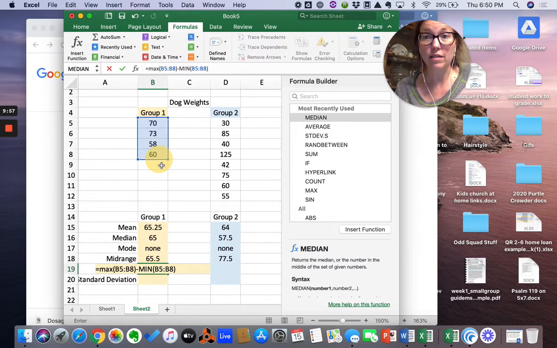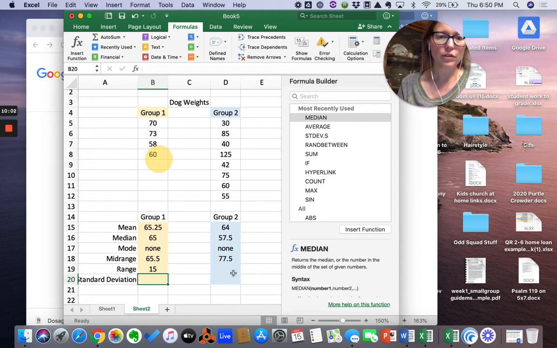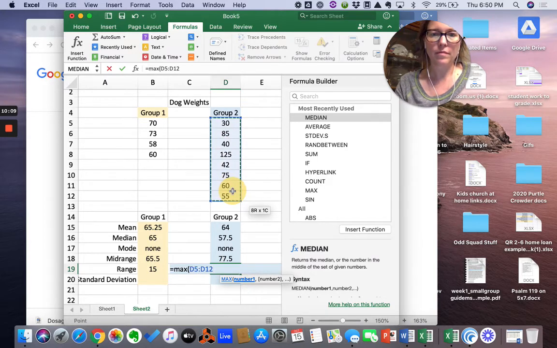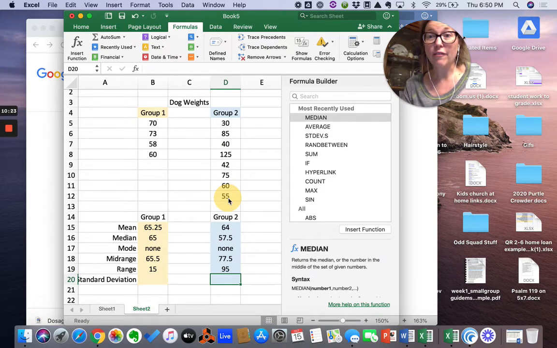That's why one's capitalized and one isn't, but it doesn't matter. Let's try it for this one. Equals max minus min. That's how far apart, how big of a space those data points take.